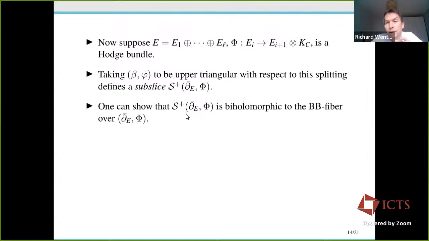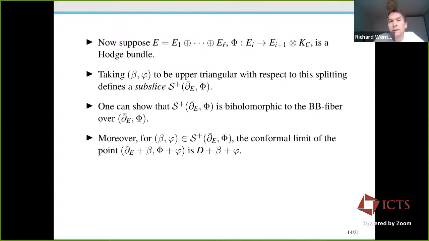Before I just said that slice locally gives you a coordinate on the moduli space. This sub-slice is actually globally biholomorphic to the entire fiber. So we really identify it with the entire fiber. But now that naturally maps also into the de Rham space by this correspondence that I said before, and it turns out that that's exactly the conformal limit.